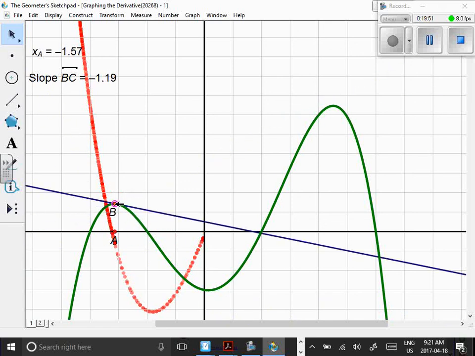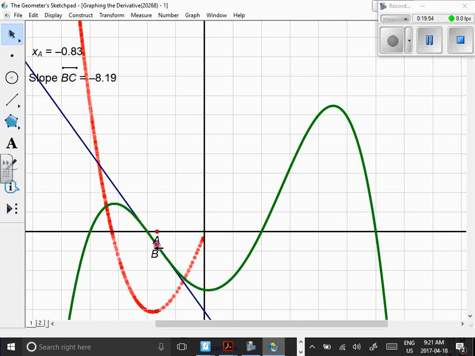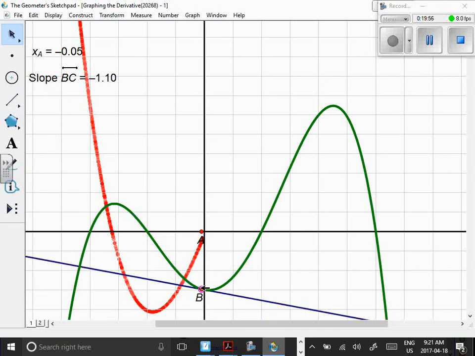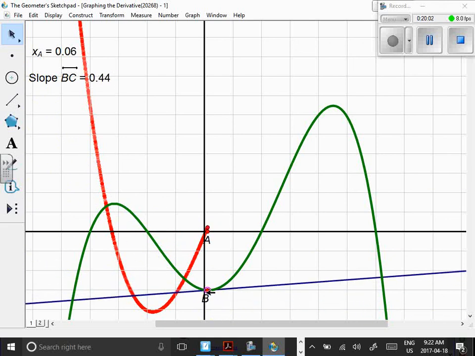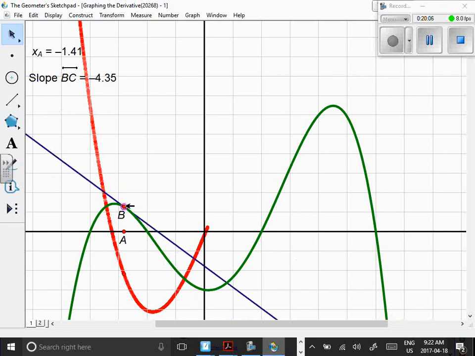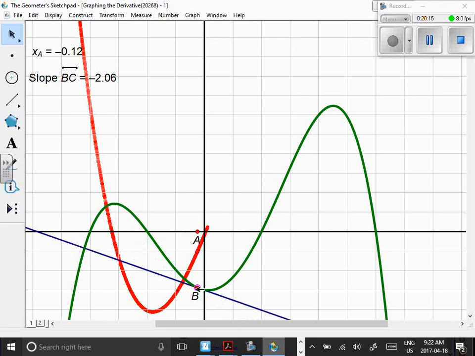And if you notice, all through this section, the red curve, the derivative, is below 0. It's negative. Make sense? And in here somewhere, it's negative, negative, negative to about here. Then it starts to get less negative till it comes back to 0.